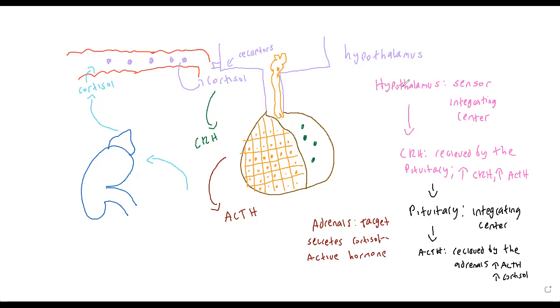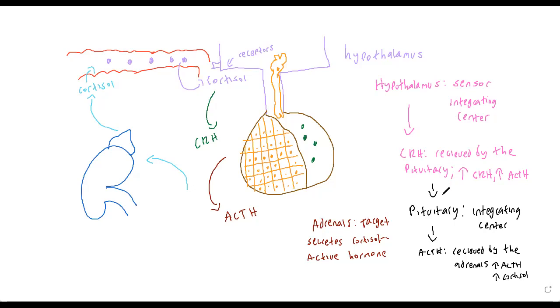So the hypothalamus acts as the sensor because it detects levels of cortisol, and it acts as the integrating center because it's going to secrete the hormone CRH, which is received by the pituitary. The pituitary receives CRH, and depending on the amount of CRH detected, it's going to release a corresponding amount of ACTH.